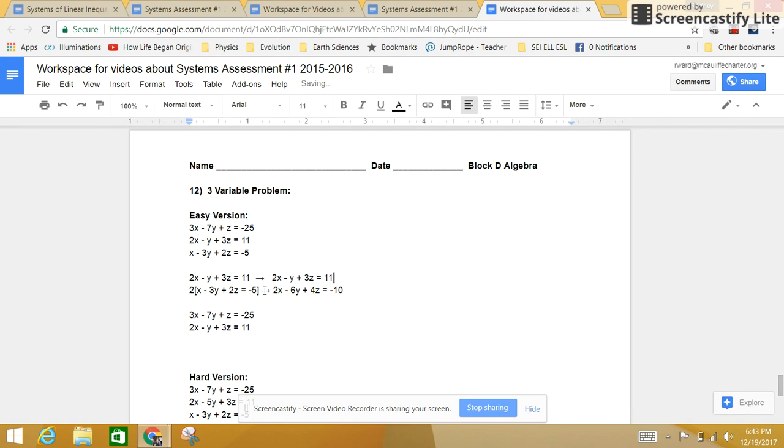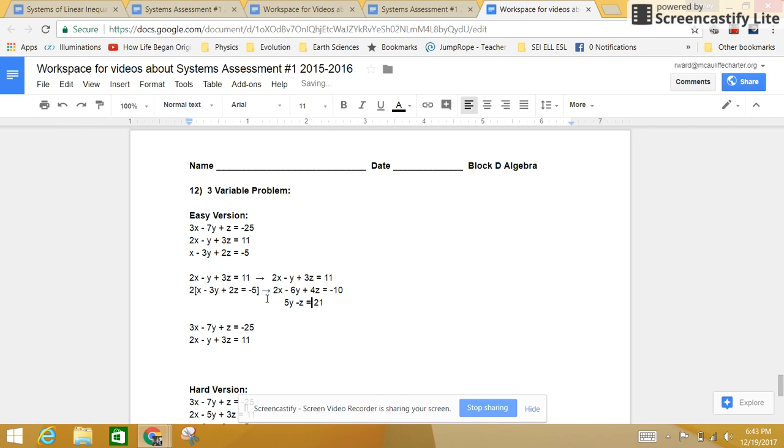Then I can subtract, because if I subtract, 2x goes away. It's 2x minus 2x, and I'm left with negative y minus negative 6y, so that's 5y. And 3z minus 4z is minus z. And 11 minus negative 10 equals 21.